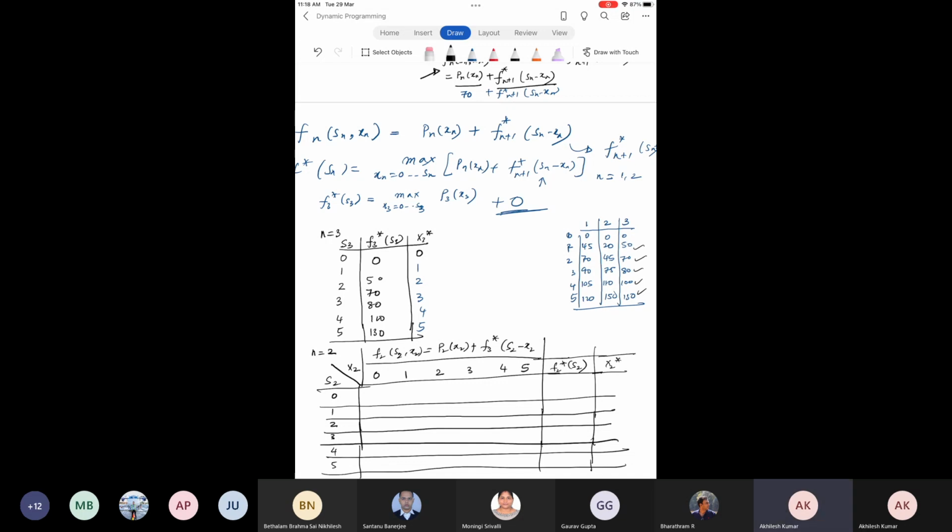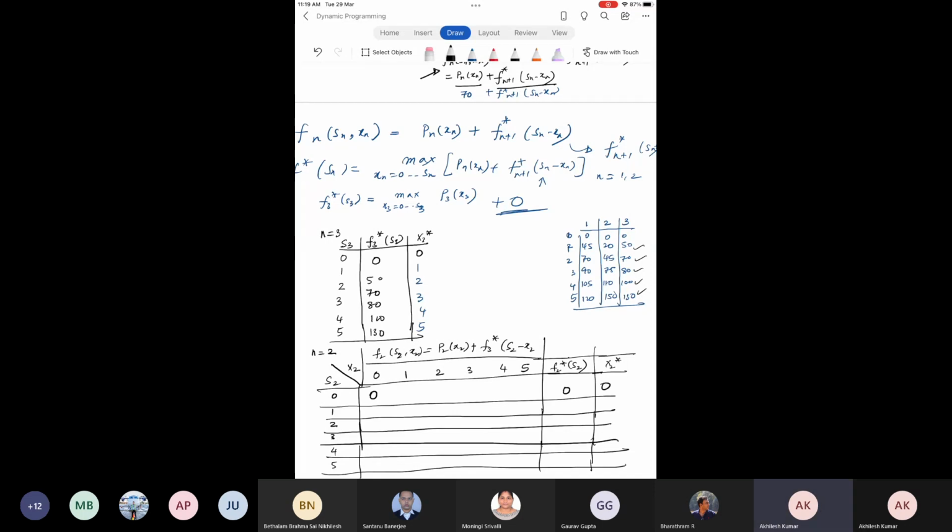Now I'm in stage 2 and my state is 0. What are the achievable values for X2? Only 0.